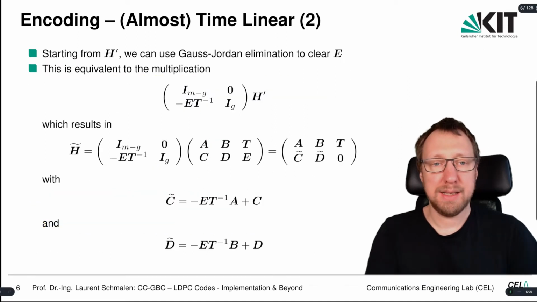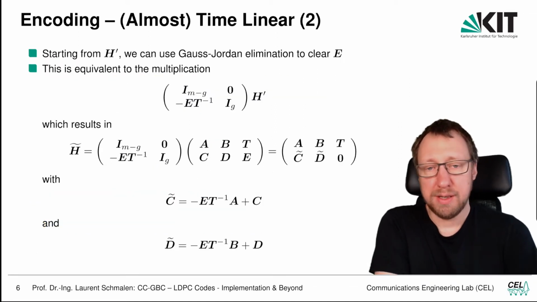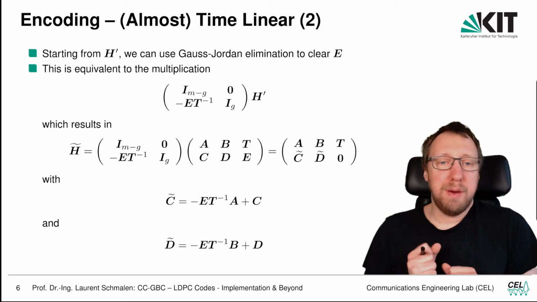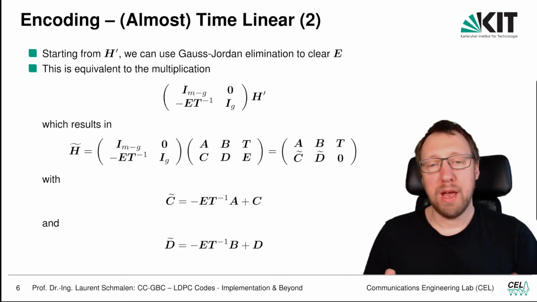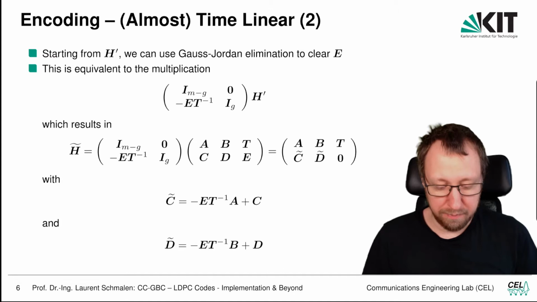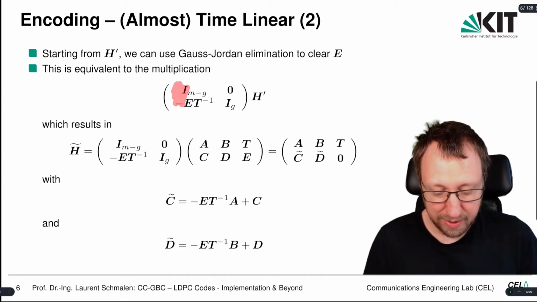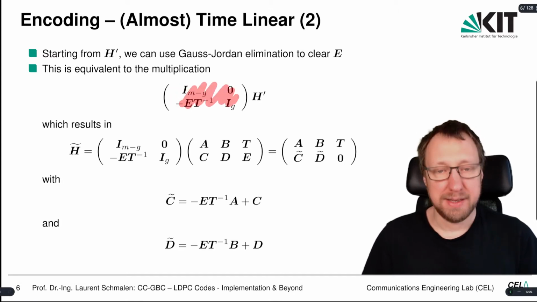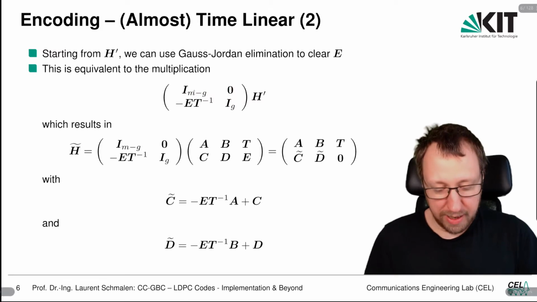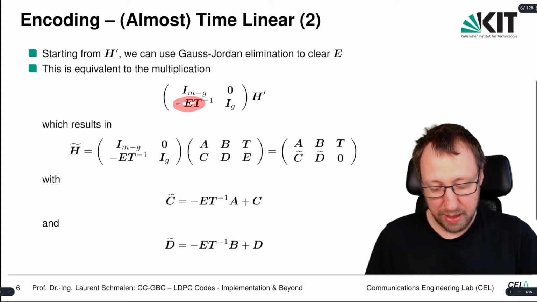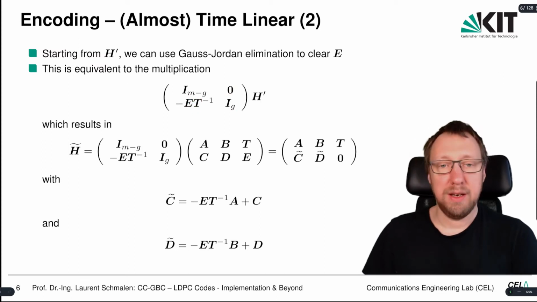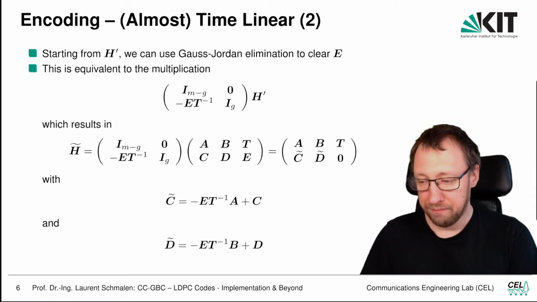You can do this by hand, or we can also do this by just multiplying the matrix by this matrix: identity matrix, zero matrix here, and minus E times T to the power minus 1.